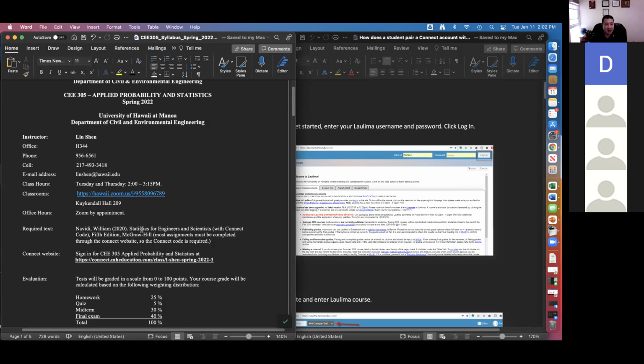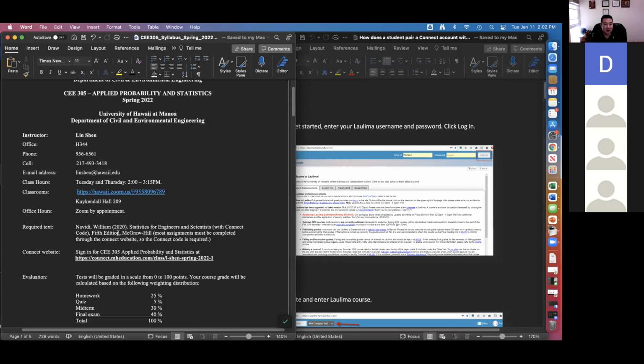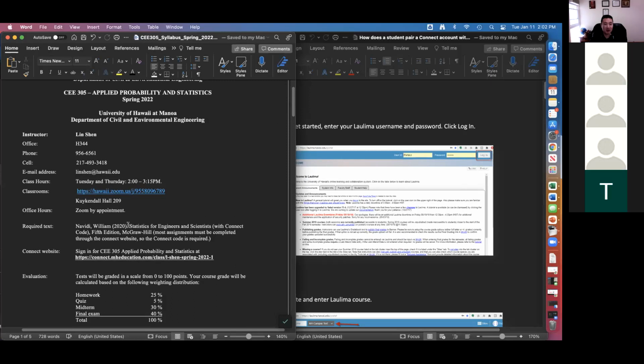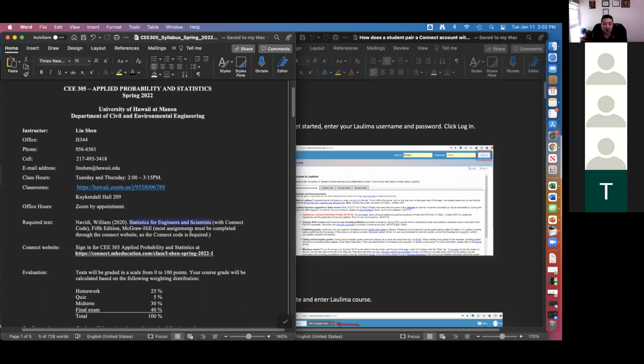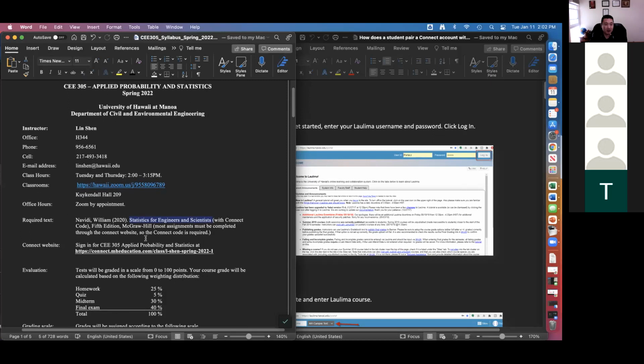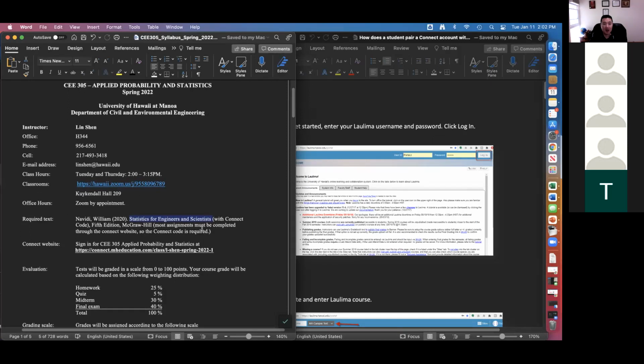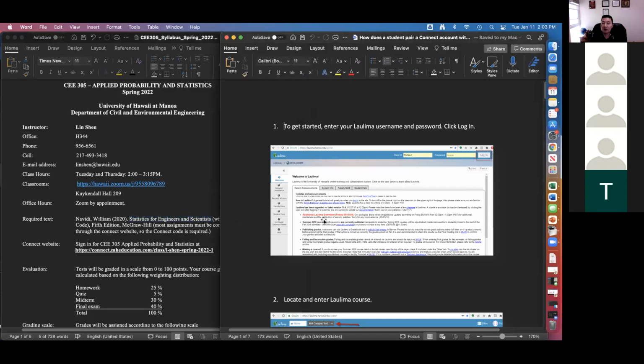The textbook for this class is Statistics for Engineers and Scientists. You need to purchase the so-called Connect code. I uploaded the instructions on how to get started with Connect from Lolima into the Connect website.